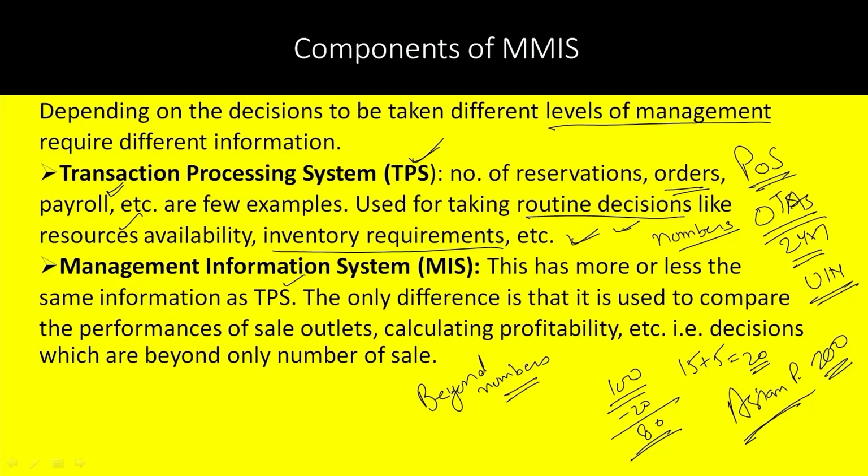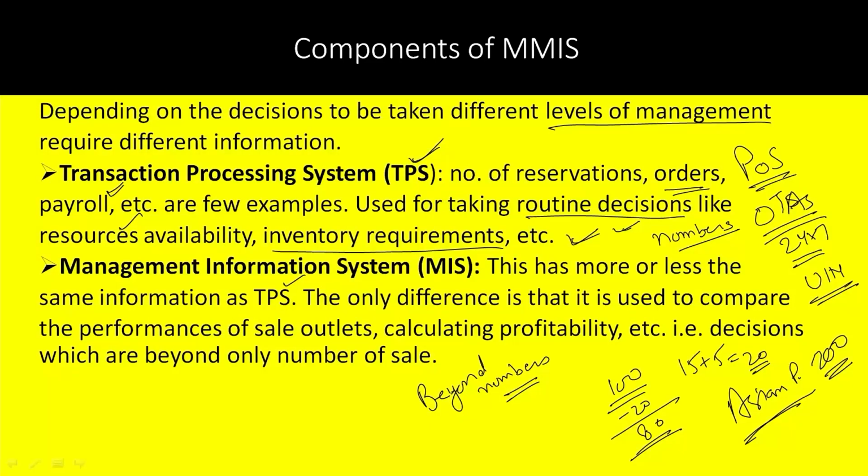You want to compare which sales outlet is doing more sales, or which sales outlet is giving more profitability; these are things beyond numbers. So, for that MIS is used. The only difference is that it is used to compare the performance of sales outlets.